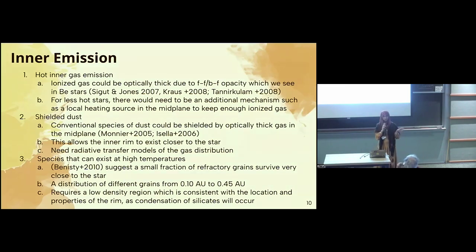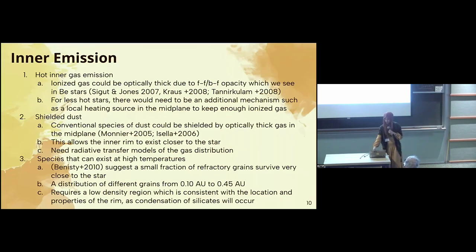And then the third thing that I want to talk about is looking at dust species that can exist just at high temperatures, some sort of refractory dust that will exist between 0.1 to 0.45 AU, usually in a low density regime. It's more refractory than we think, pretty much.